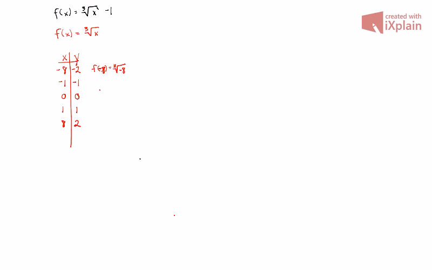Okay. So if we were to go ahead and graph this, I will graph this in a purple. Our first point is at -8, -2. Second is -1, -1. Third is 0, 0.